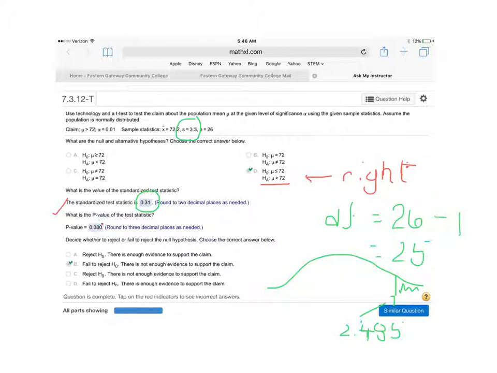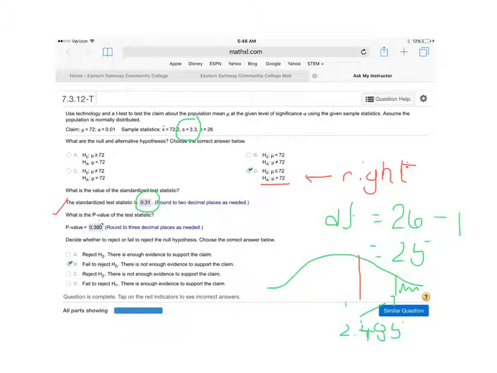Well, we clearly aren't anywhere near that. Our test statistic is within 1 standard deviation of the mean, and so the area out beyond our test statistic is much larger than 0.01.